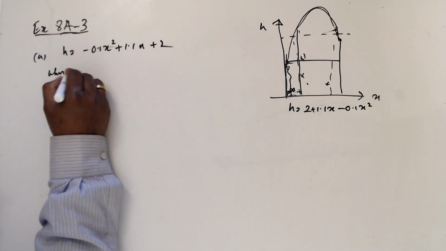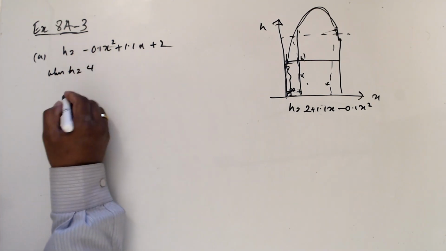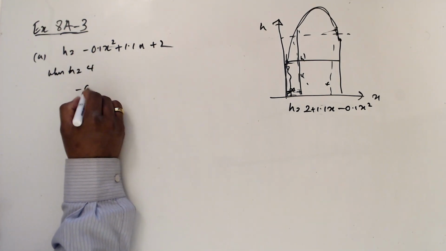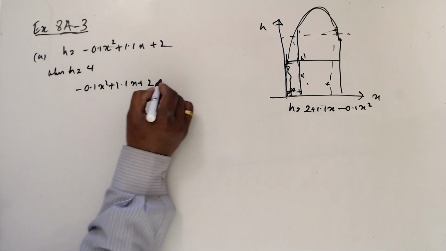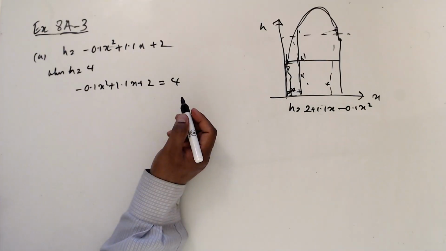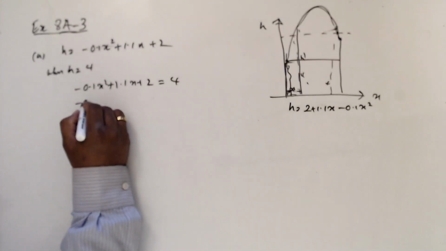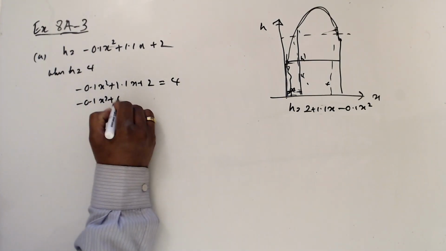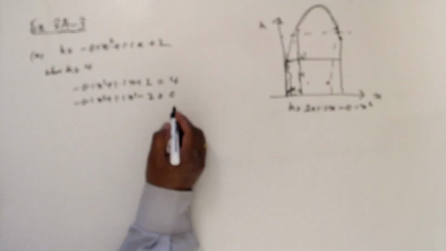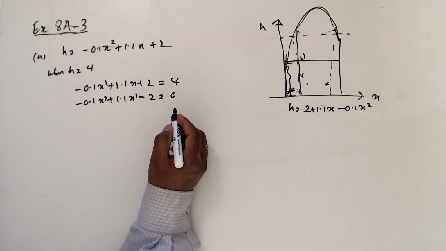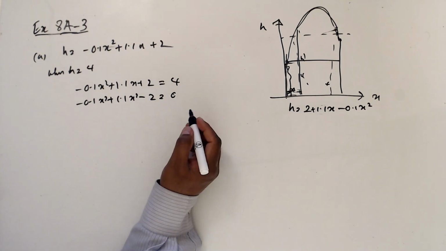So when h equals 4, minus 0.1 x squared plus 1.1 x plus 2 equals 4. I'll bring this one here: minus 0.1 x squared plus 1.1 x minus 2 equals 0. Now this is a quadratic equation, so we have to solve.